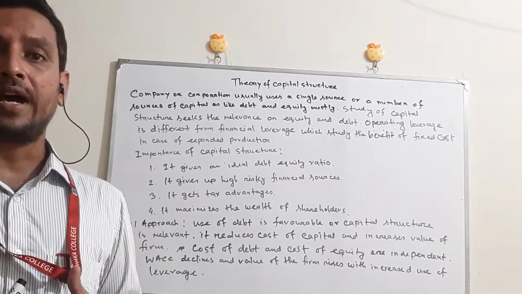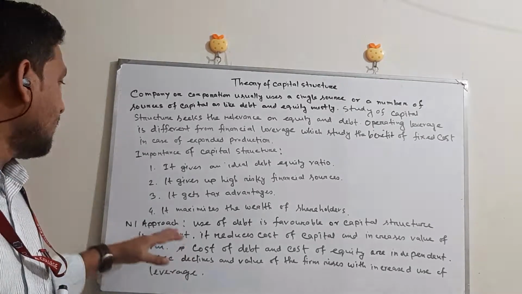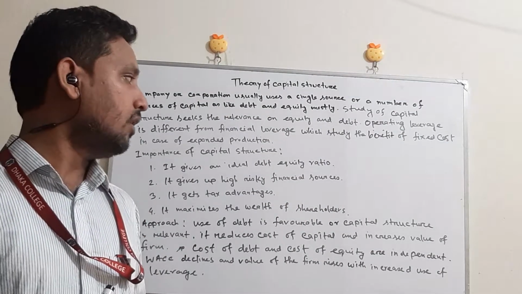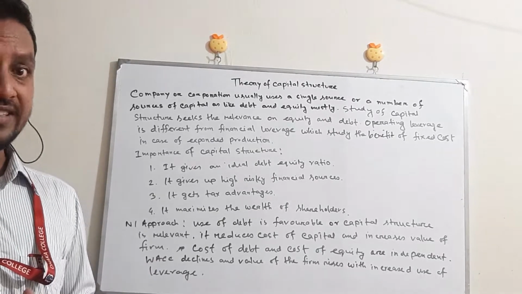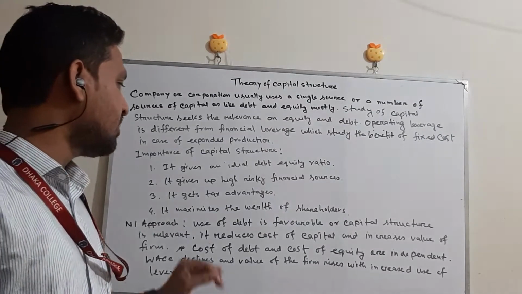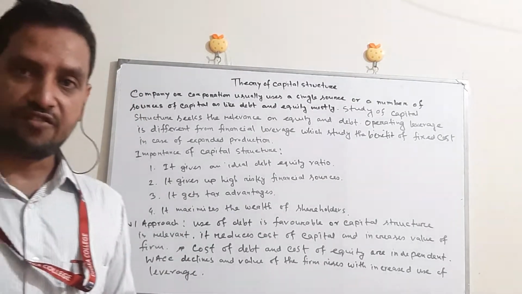In the NOI approach it may be unfavorable, but in the NI approach the use of debt is favorable and capital structure is relevant, not irrelevant. Then the capital structure reduces the cost of capital and increases the value of the firm.